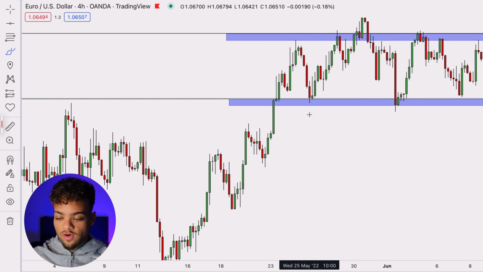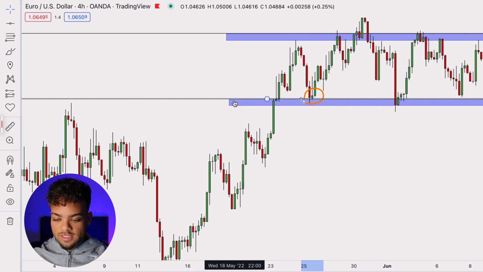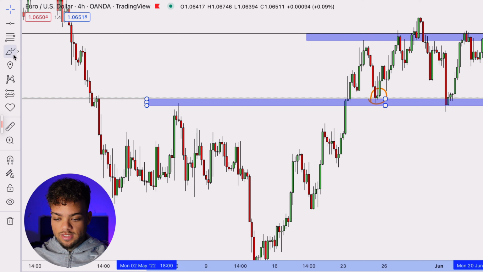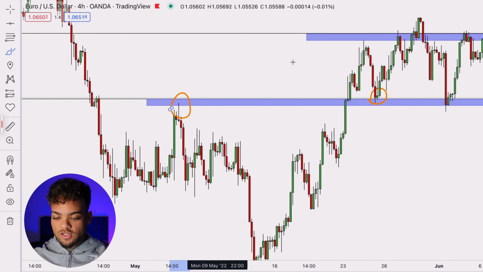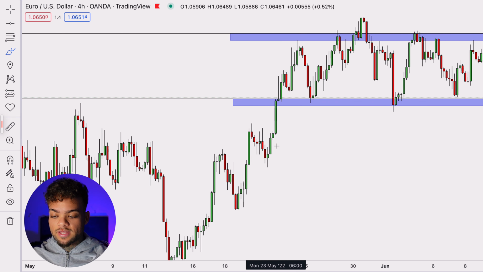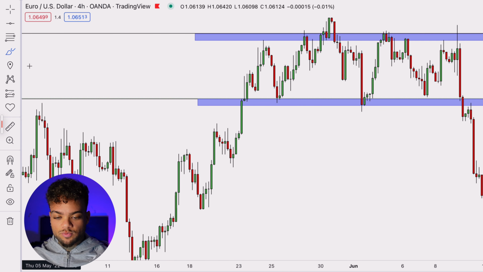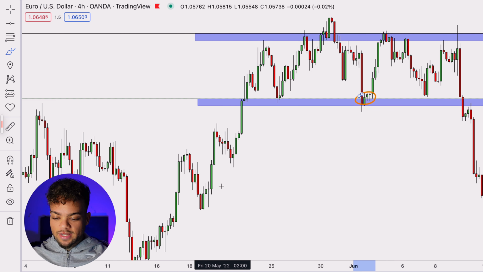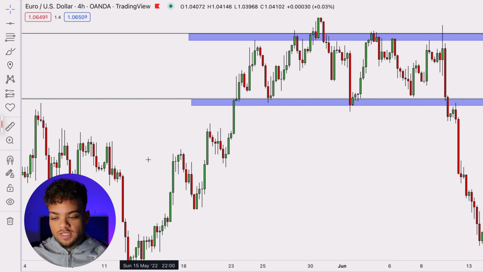So here we would have our first touch on the support zone right here, and if we look to the left, we can see that it also acted as a previous resistance right here, making this first touch already very strong. But what we want to wait for actually is for another touch to verify it as a support. And now here we had our second touch. Keep in mind, like I said, we are in an overall bullish trend, so here you could have looked to enter for a trade.